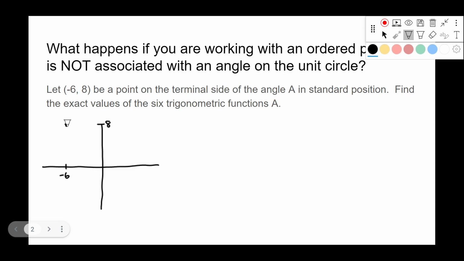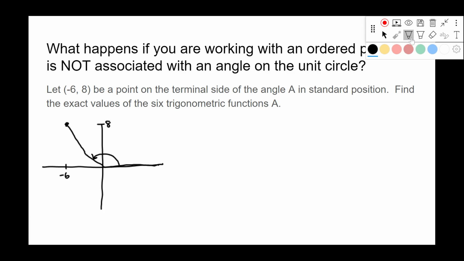Now, I want to find the exact values of the 6 trig functions for angle A. From standard position, I can draw an angle to here that goes out to this point.